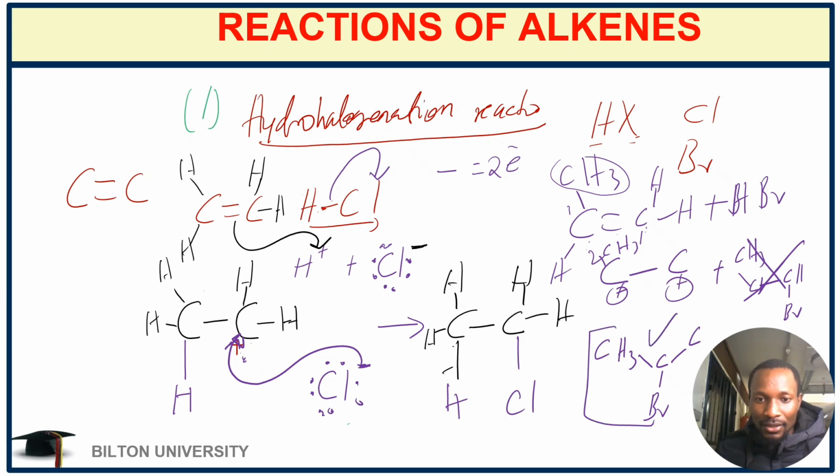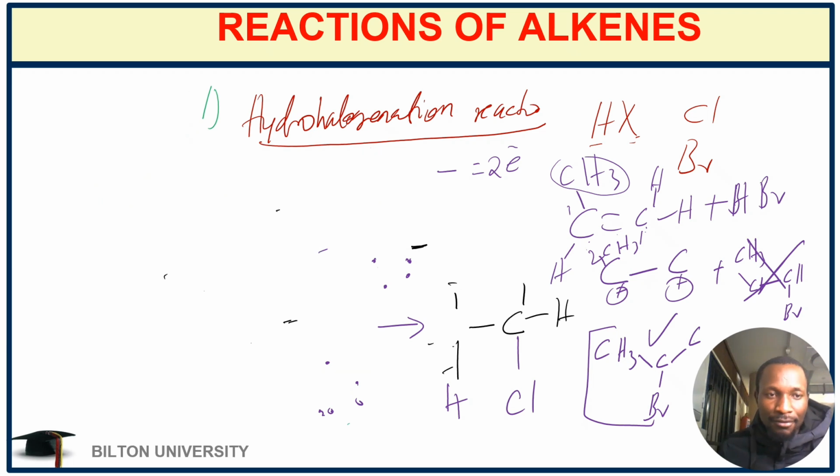And sometimes you can be given, for example, a question to give the products of the following. Let's say you have something like this, and you have been given HBr. So you know automatically in this case we're just going to have our Br.